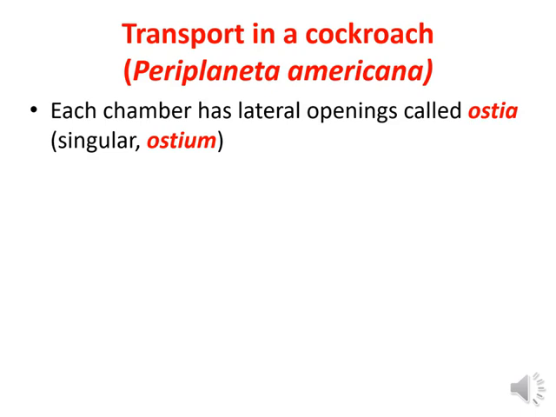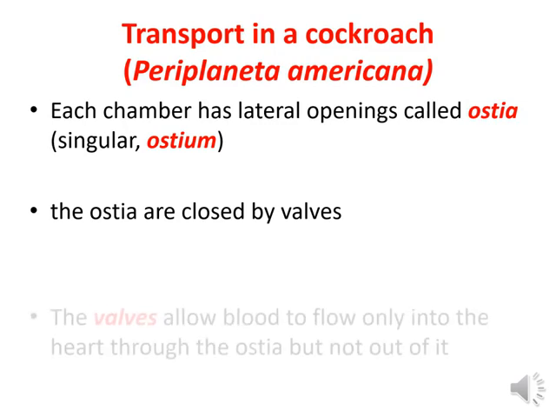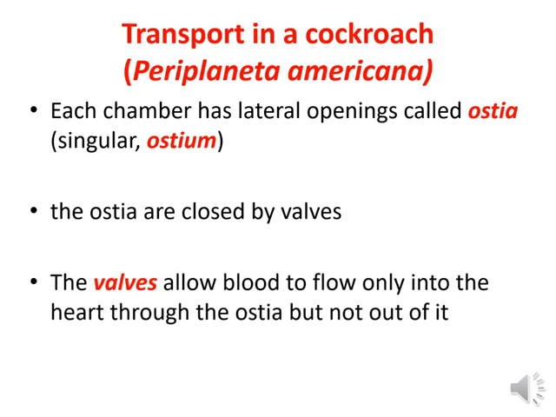One is ostium. The ostia are closed by valves. So the work of the valves is to close the ostia and also to prevent backflow of the blood. The valves allow blood to flow only into the heart through the ostia, but not out of it. So the blood cannot flow backwards.